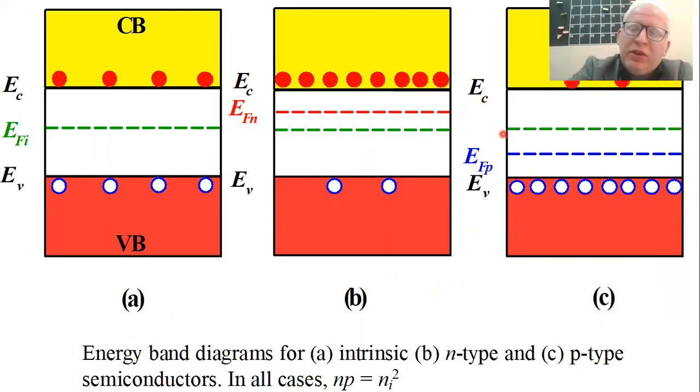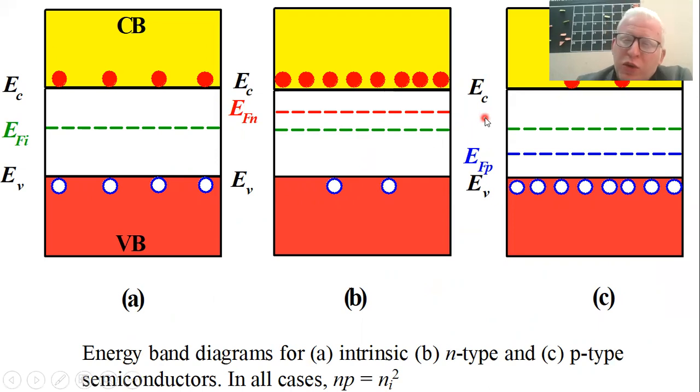That mainly reflects that the Fermi level is a function of doping. So the higher the n-type doping, for example, the higher the Fermi level, or the nearer the Fermi level to the conduction band, and the higher the p-type doping, the nearer the Fermi level to the valence band.